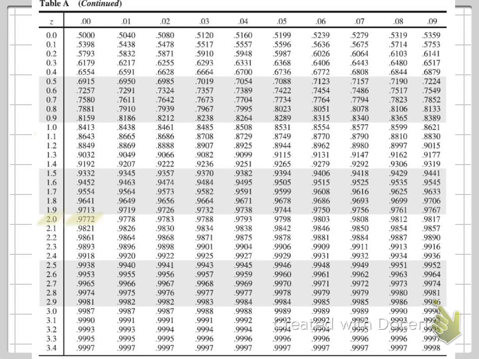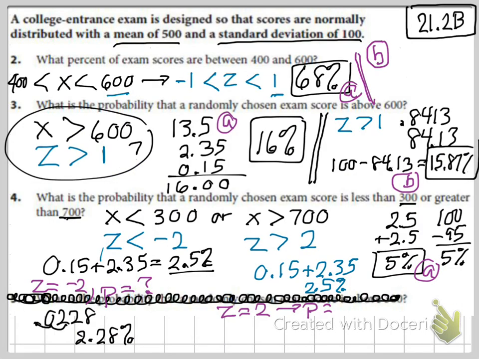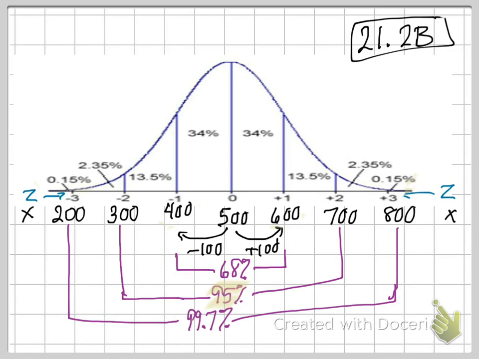Positive 2 gives me 0.9772. Decimal for that? 97.72%.